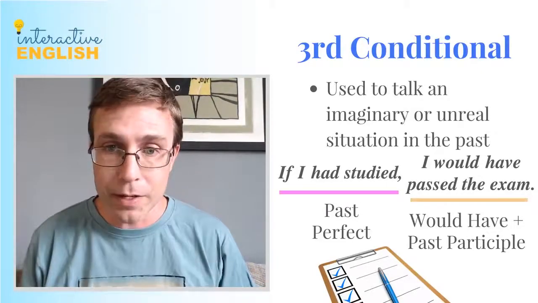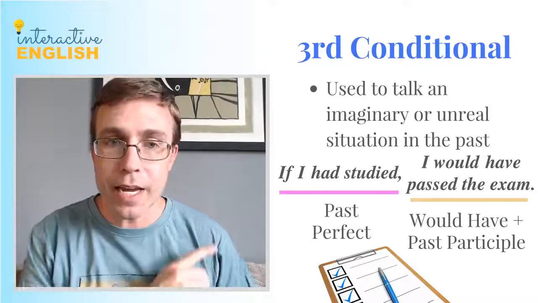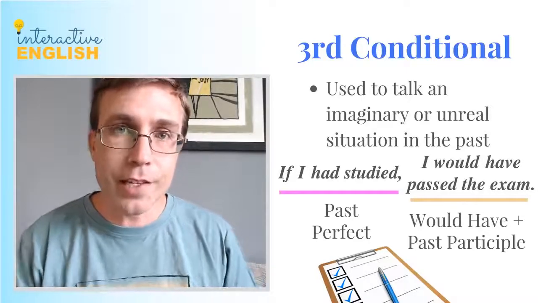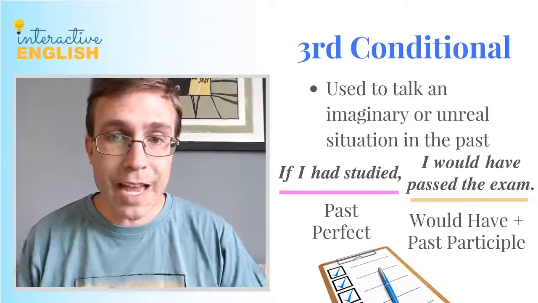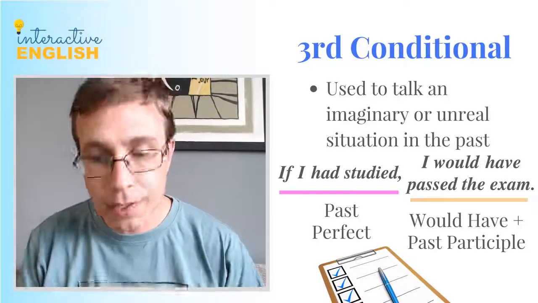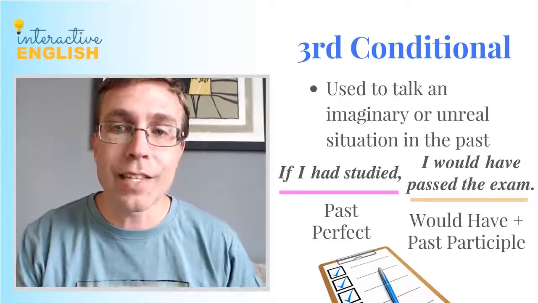It's already happened. So in the condition, in my if clause, I'm going to use the past perfect. If I had studied, okay? If I had studied, the result, I'm going to use would have plus the past participle. If I had studied, I would have passed the exam.